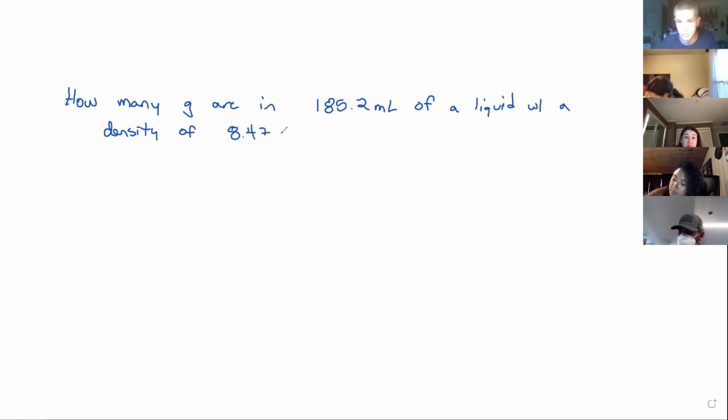It's a really dense liquid. So how many grams are in 185.2 milliliters of a liquid with a density of 8.47 grams per milliliter?